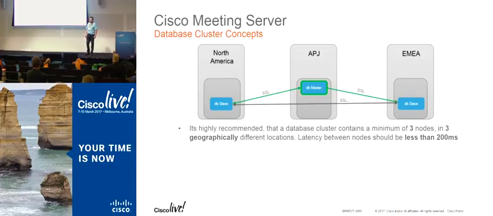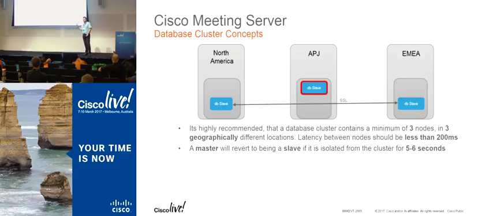Now, it's highly recommended to have a minimum of 3 nodes within your database cluster in 3 geographical locations. And there's a reason for it, and I'll explain it. The latency between the nodes should be less than 200 milliseconds.